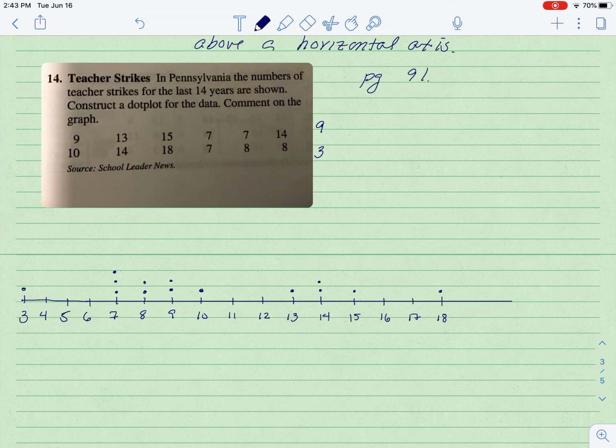And so you can look at this and you can talk about the distribution of the data here. If I were going to say, it seems like it's clumped between 7 to 10 strikes per year.